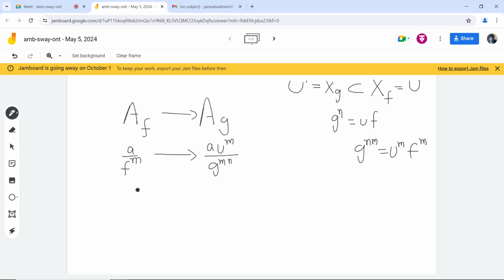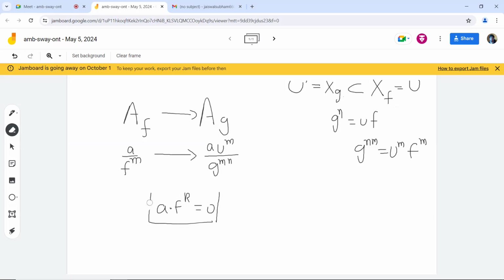But we can just say that if A times f to the m is equal to 0, what does that mean? It means that A times some f to the k is equal to 0, right? But that obviously will mean that A times g to the thing is also 0.